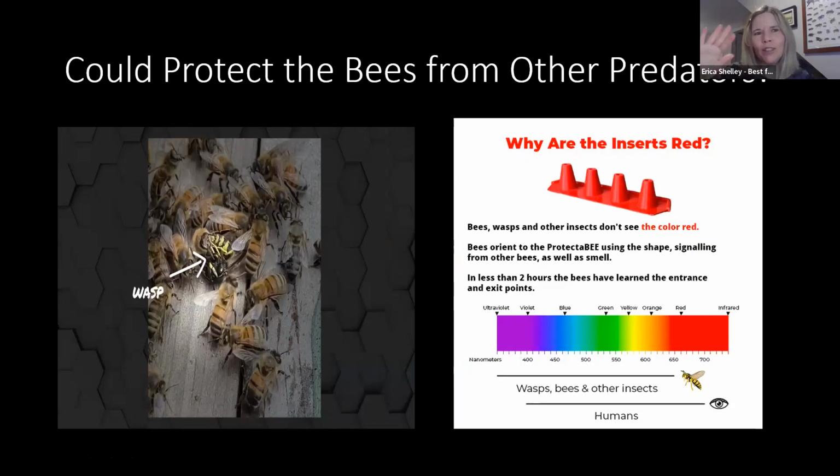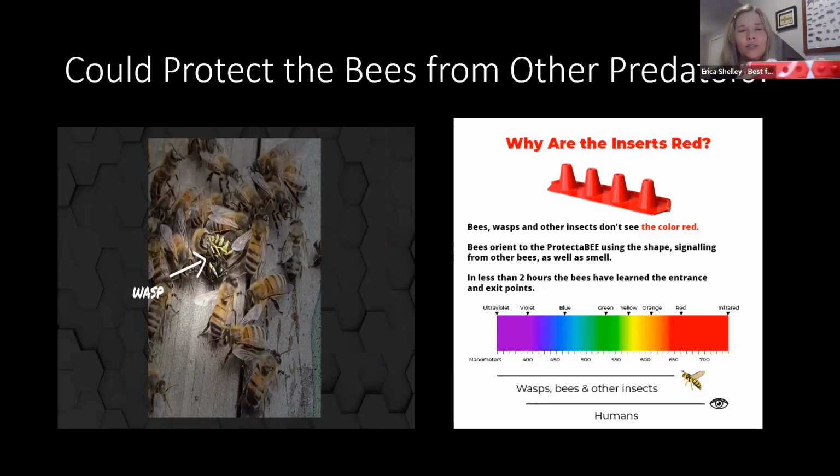And then this fall, we put a solid insert. I should hold this up here. So this is the Protectobee here. And so we now have a solid insert, and then we have an entrance reducer that we put on the other side. And behind the solid insert, we're testing different types of feed.